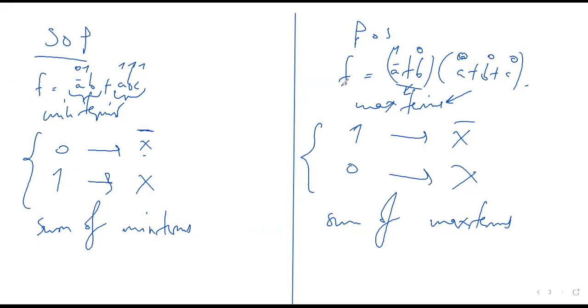And with that, I bring in an example which we can deal with. All right, we have a function G, which is equal to M 3, 6, 7.